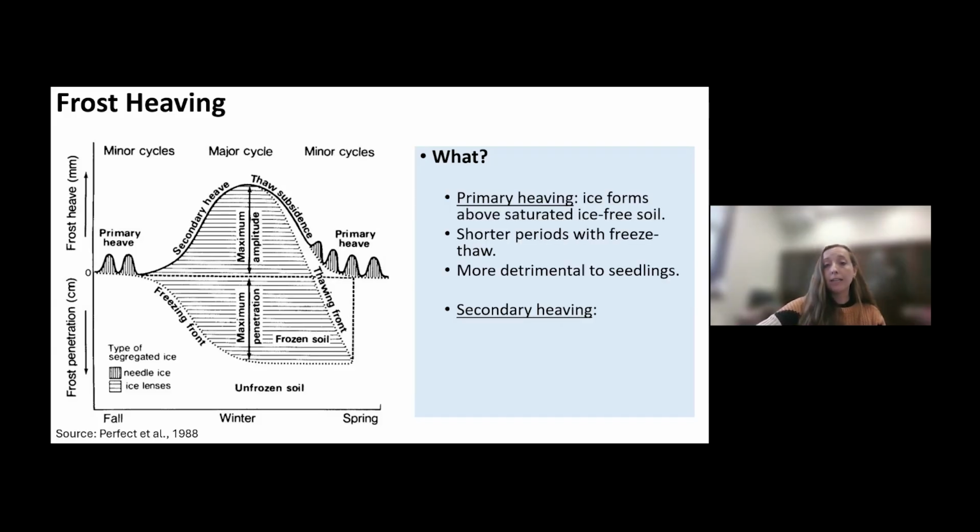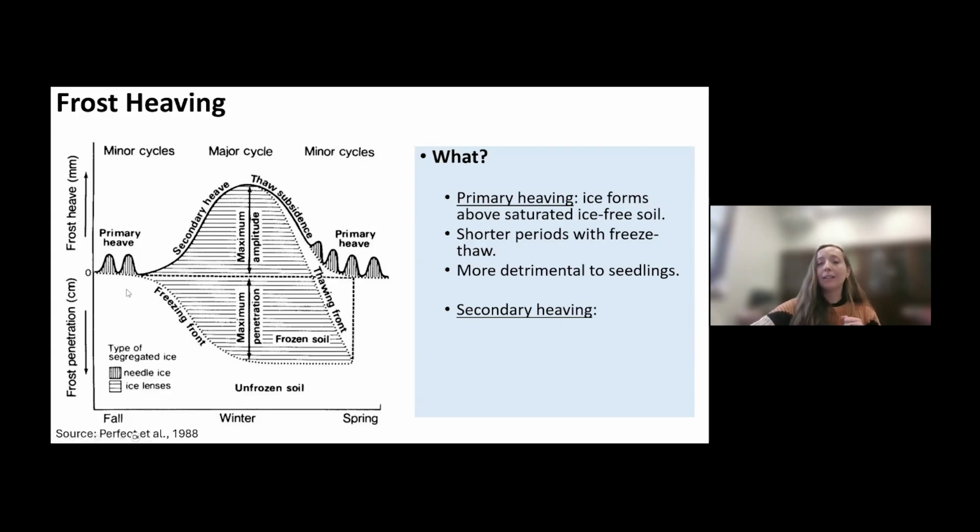Primary heaving happens when the ice forms right above the soil surface. Remember, here's the soil surface. There are needle icicles that form, more on a vertical shape, and that pushes the plants out of the soil. They tend to happen more in these kinds of short cycles of freezing and thawing.